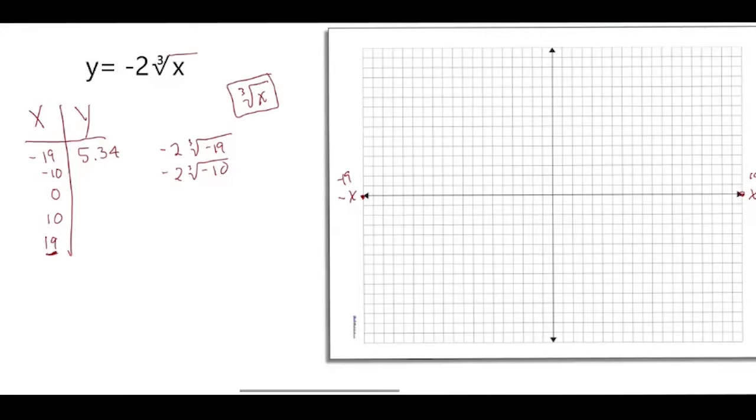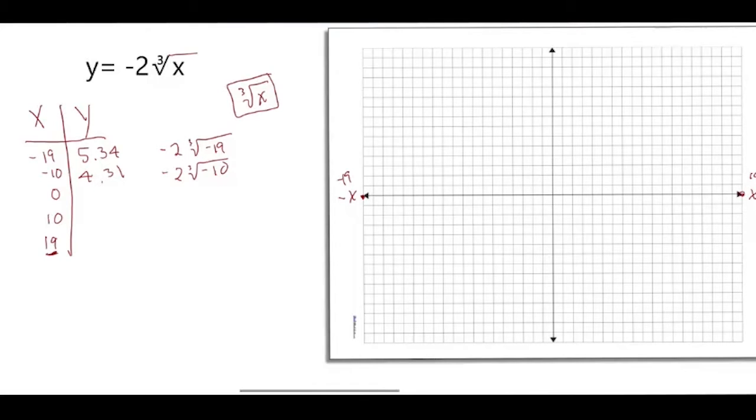You got the idea. So then I will do that times -2. And that's going to be 4.31. All right.